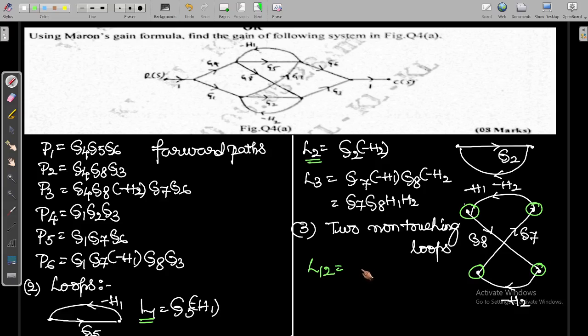That is g5 into minus h1, g2 into minus h2. Finally the answer is g2 g5 h1 h2, because minus into minus becomes plus, that is the gain product.